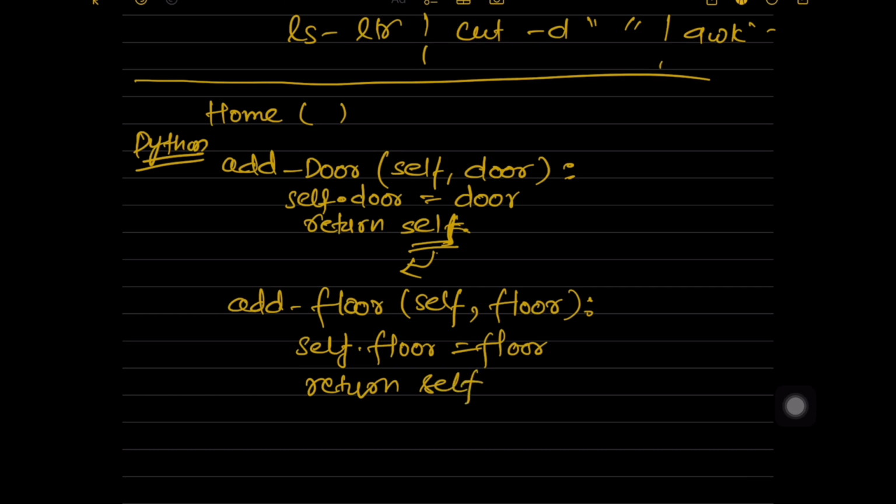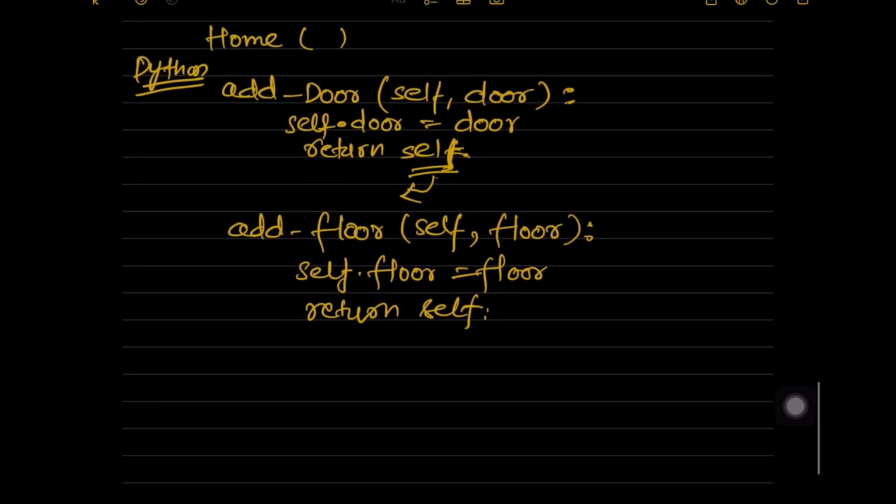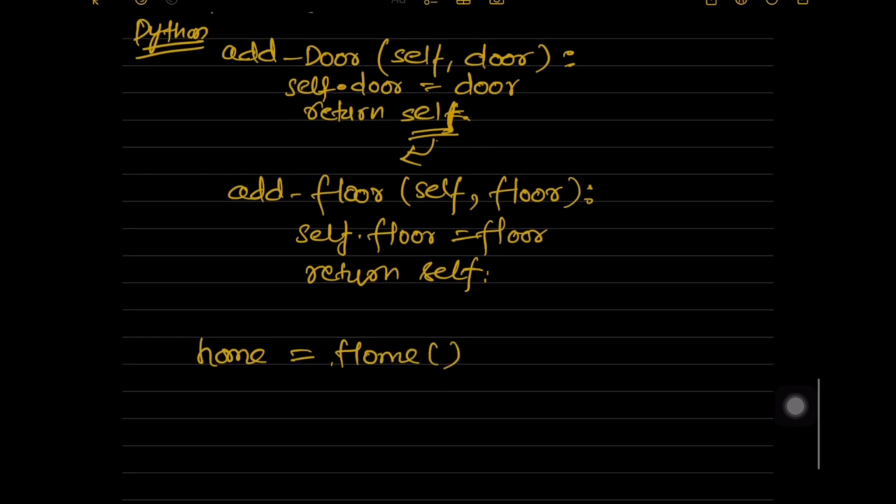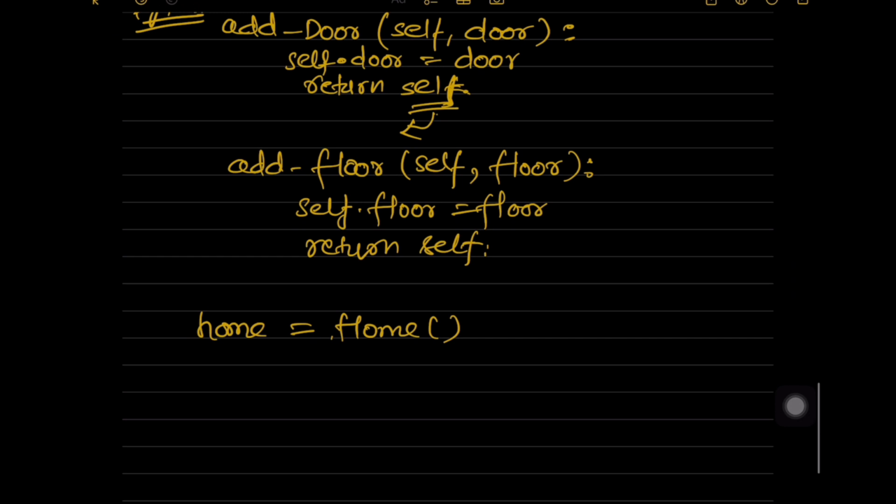So now if we want to create the object of home, we create a home, and then we can build this object the way we want it. So we have a dummy object first, and then we can keep on building this object the way we like, and we can keep on adding features to it.